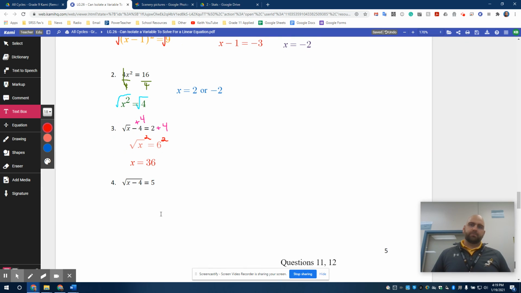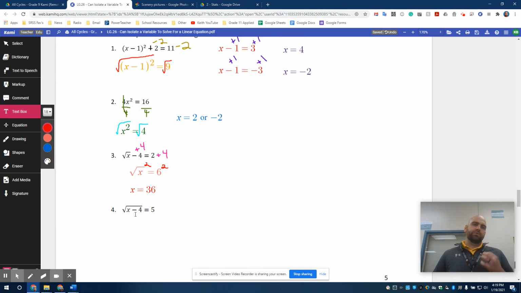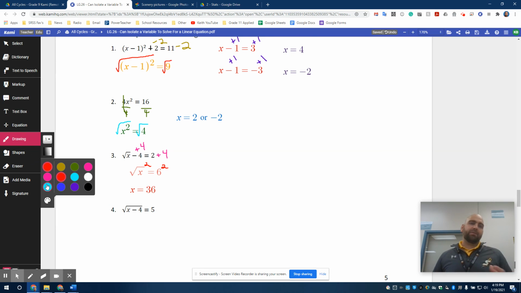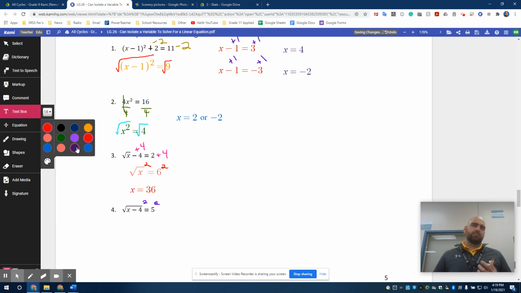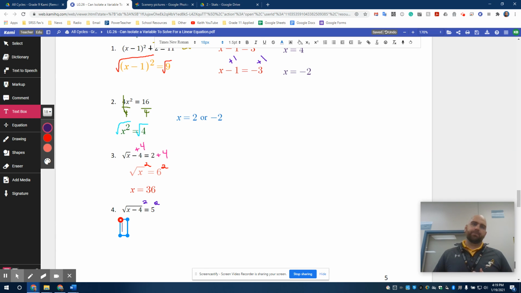Last one here, our last example, we have the square root of x minus 4. So we need to think of the x minus 4 as being in parentheses, which is having a square root. So we're going to take the square root of this side to get rid of it, and then we're going to take the square root of that side to match up, because whatever we do to one side, we need to do to the other side.